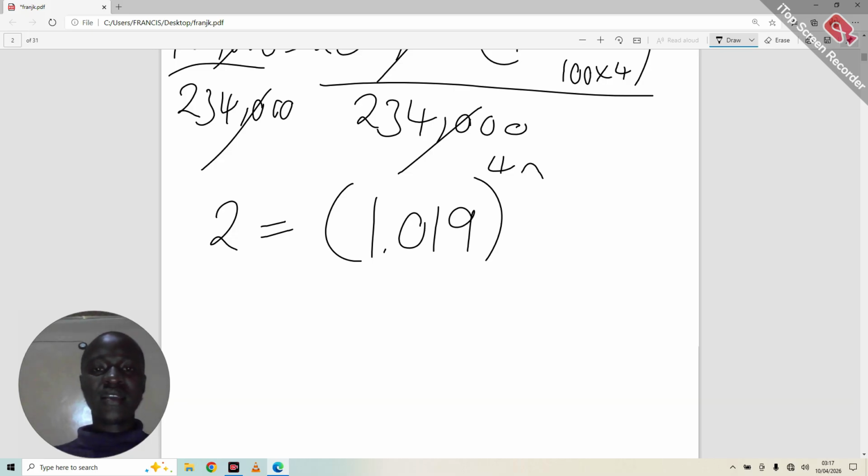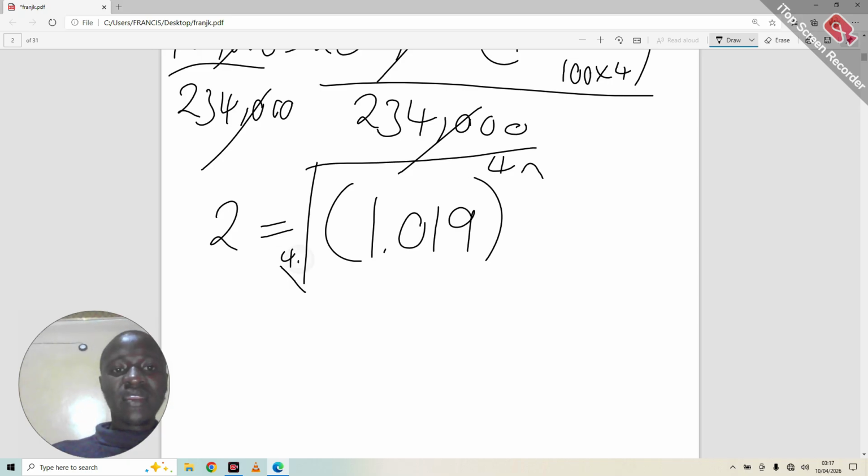Now, I don't want you to be that type of student who, after working so hard, misses a mark just because of this part. Most of the students who don't do more revision, you will see them doing something like this. They are getting the fourth root of that answer.